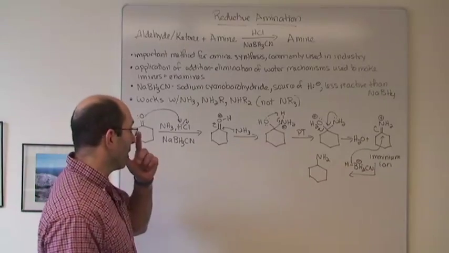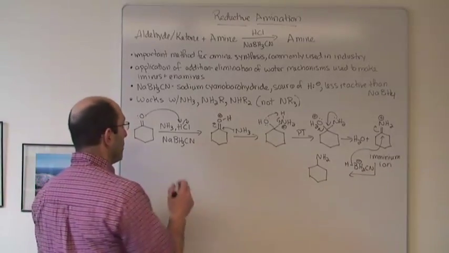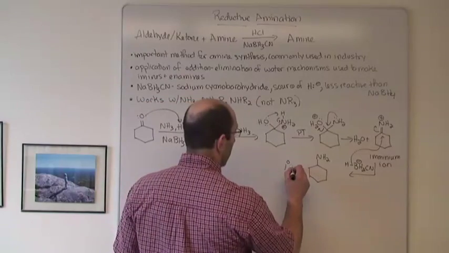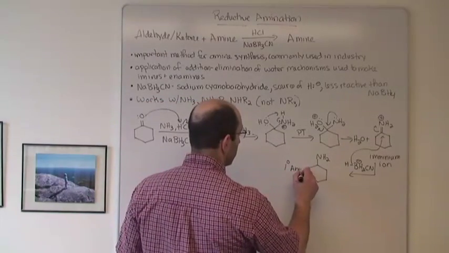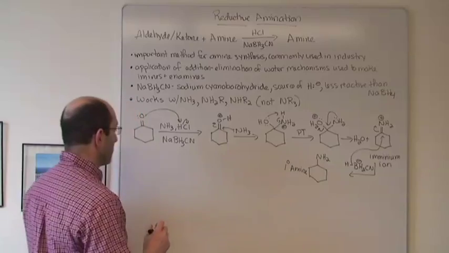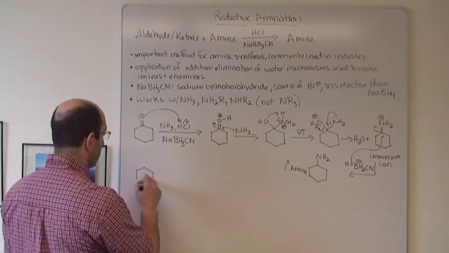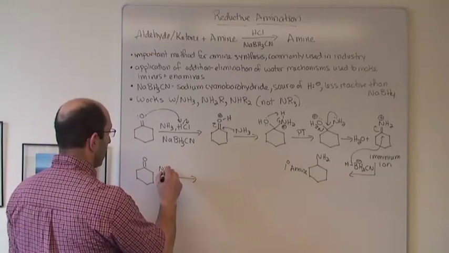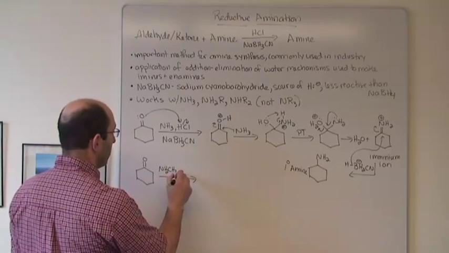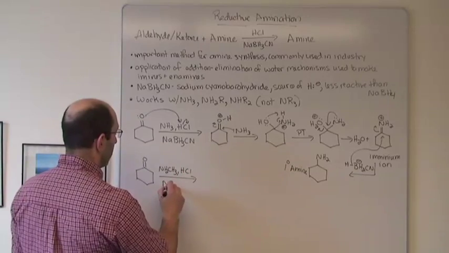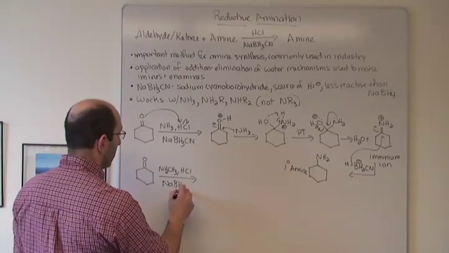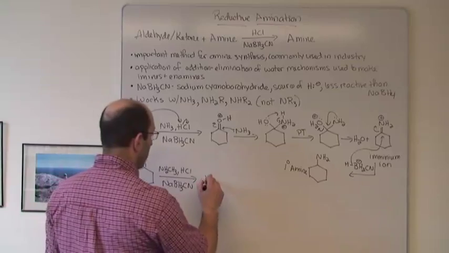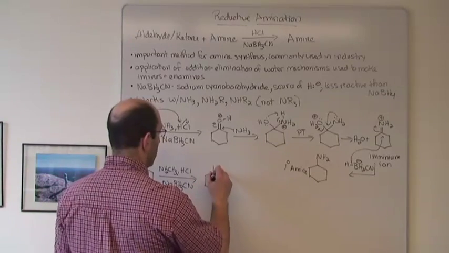So we've shown that if we have ammonia, we can generate a primary amine. If we do the same reaction starting with a primary amine, we're going to generate an aminium-ion intermediate.